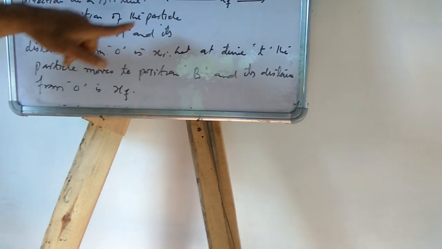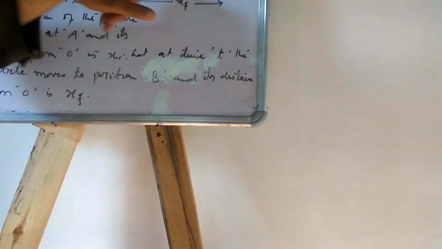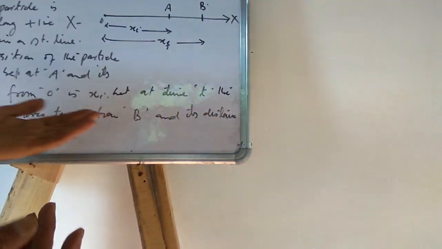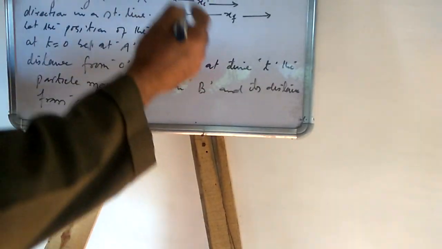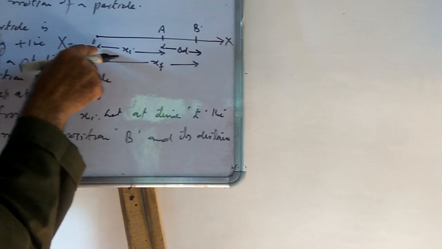That means xi is the distance of the particle from O when it is at A at time t equals 0, and at time t the particle moves to position B and the distance from O is xf. Then how much is the displacement of the particle? The displacement of the particle is this much, given by delta x. That is the final position xf minus initial position xi.